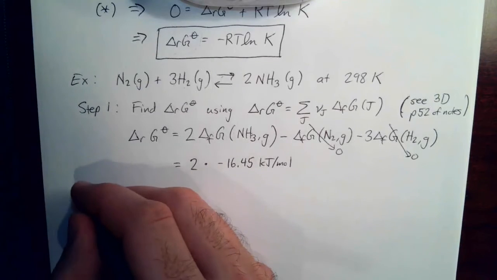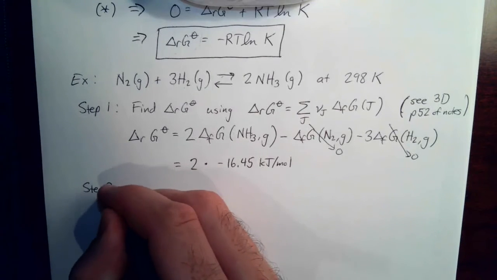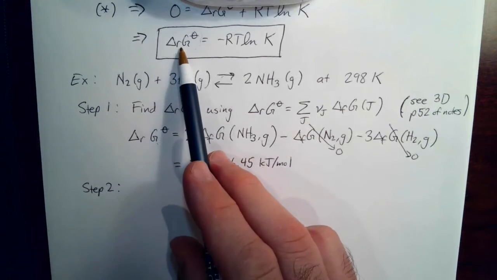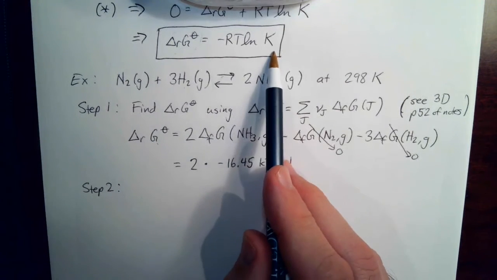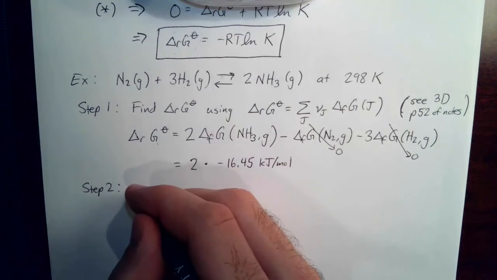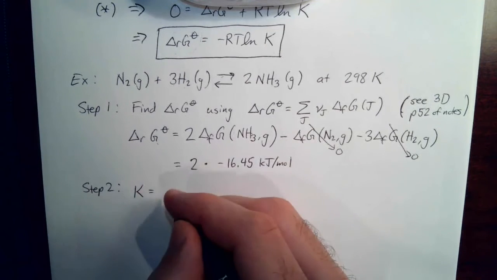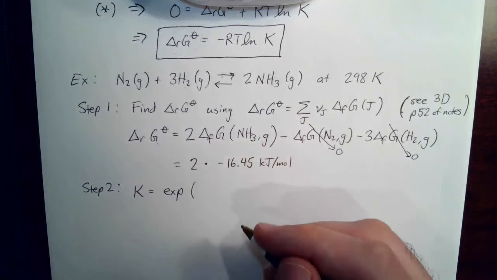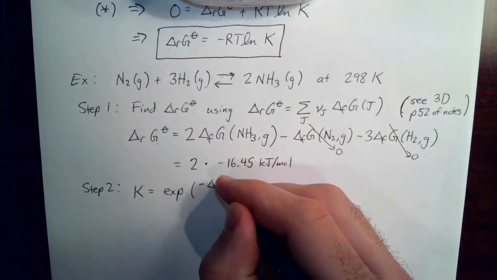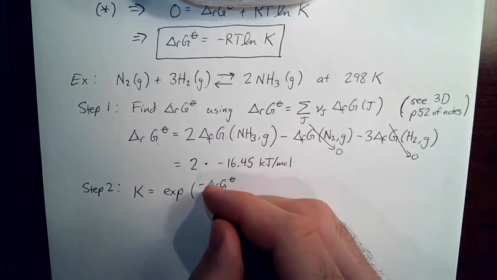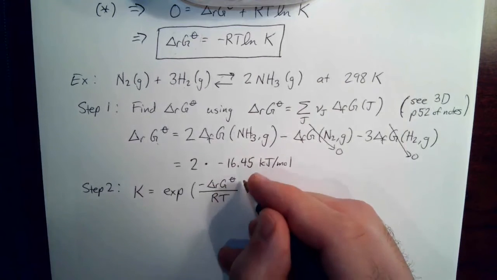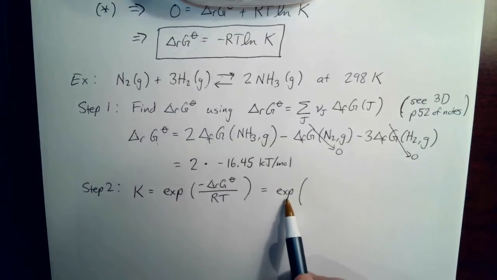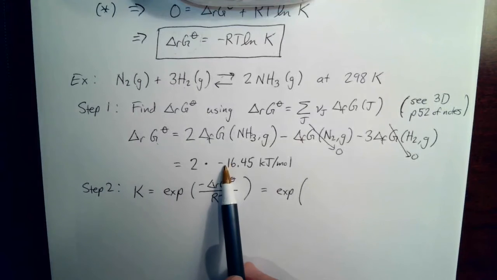Okay, and now step 2. Now that we have a value for delta Rg standard, we're going to put that up here and use that to calculate K. So K is going to be e to the negative delta Rg standard over RT, which equals e to the negative of a negative.